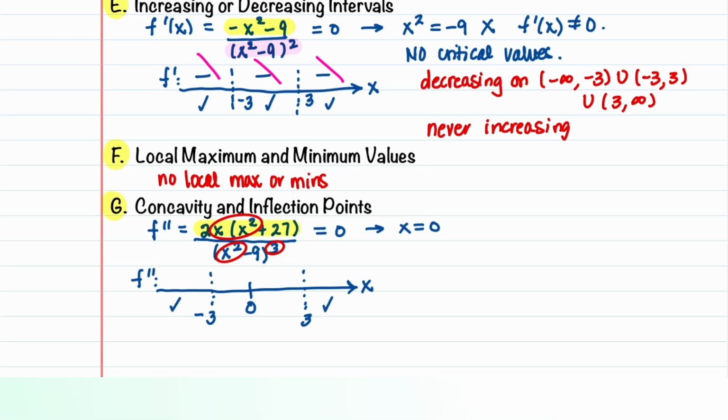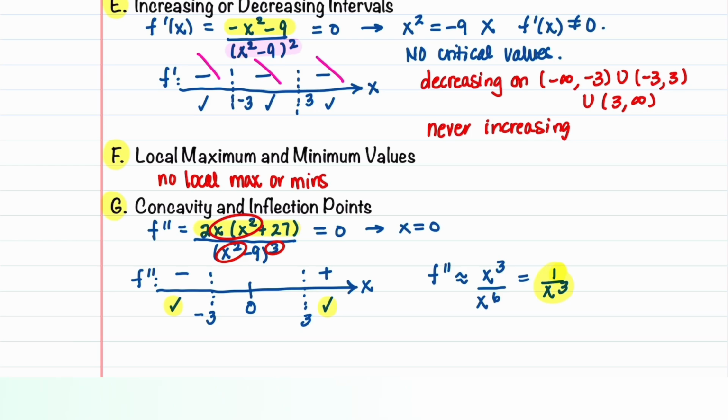So f double prime is approximately x cubed all divided by x to the 6th. That's x squared raised to the 3rd. So this is 1 all over x cubed. In the region on the left, 1 over x cubed is negative, so f double prime is negative, and in the region on the right, it is positive.